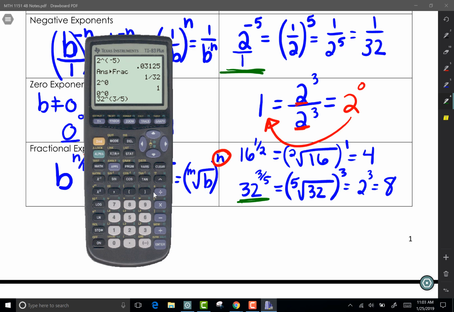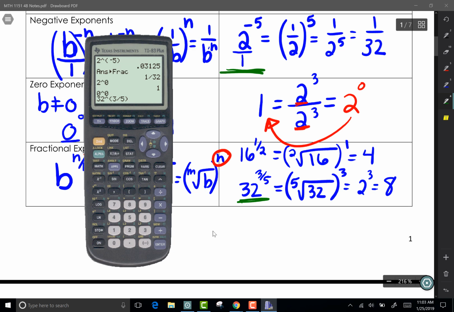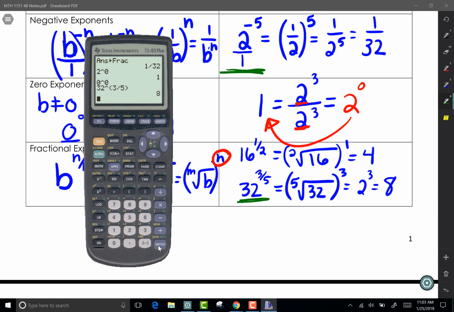If you don't have the newer model where you can see that the entire 3/5 fraction is raised up in the exponent, then make sure you put parentheses around it so the calculator knows that you're doing 3/5 in the exponent and not just 32 to the third power and then taking that whole answer and dividing it by 5. You have to make sure you use parentheses correctly. Okay, so I'm going to hit enter and it gives me 8.